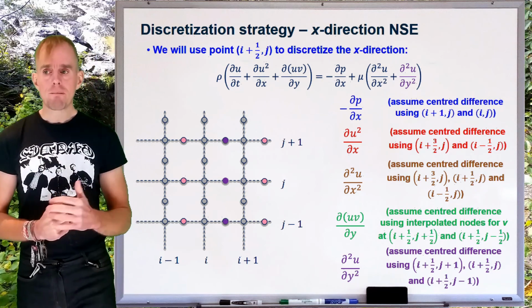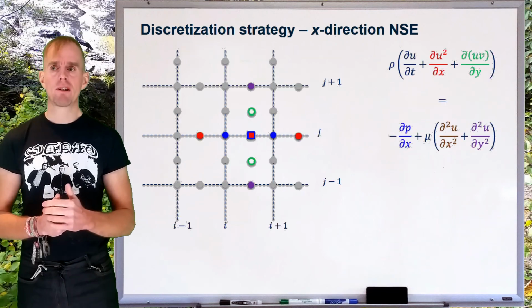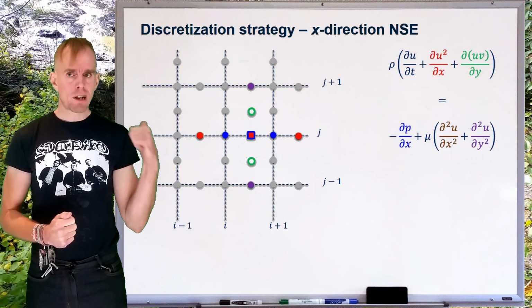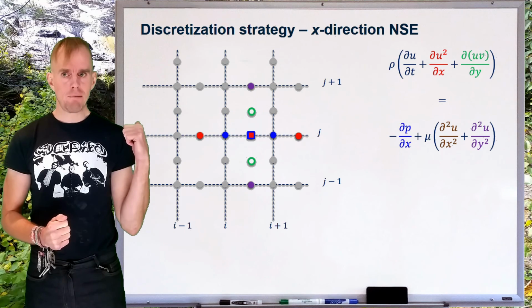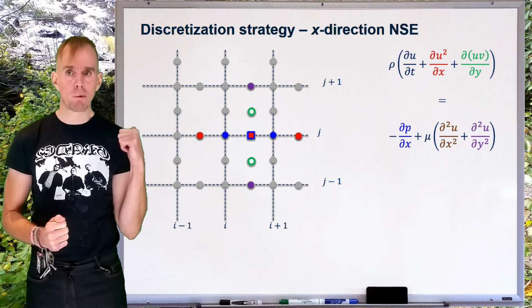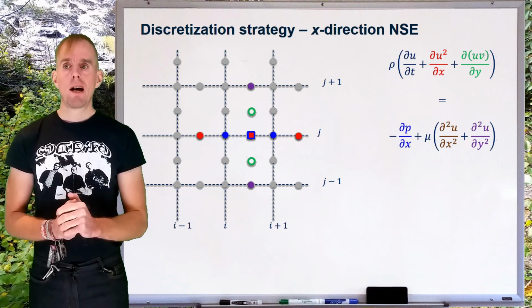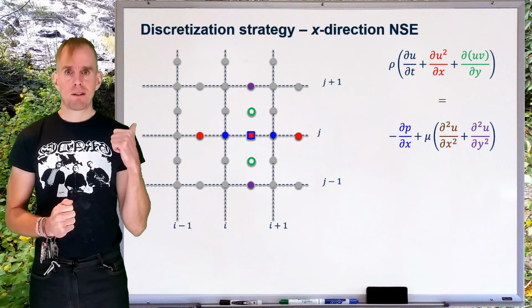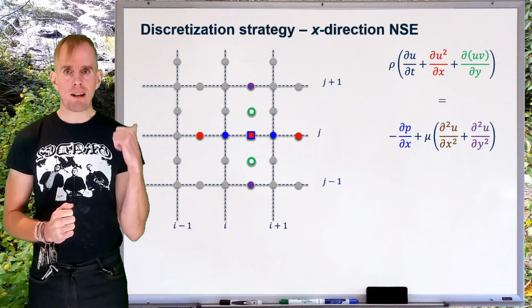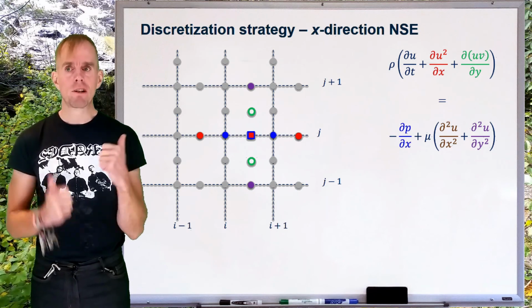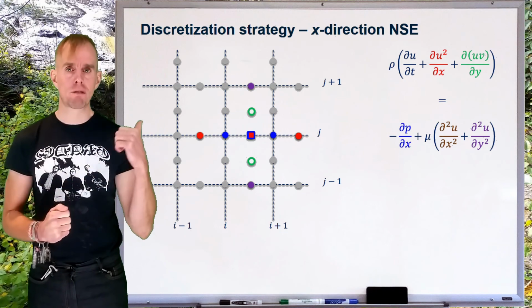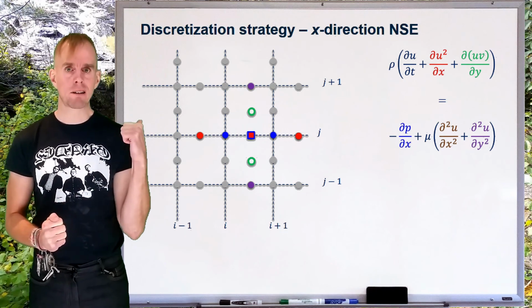Okay, so what we have, to summarise, is the x direction Navier Stokes equation that I've just put up here with those four different colours of terms, and we're evaluating all the gradients for this x direction Navier Stokes equation at point i plus a half, j, which is represented by the square in this pattern.